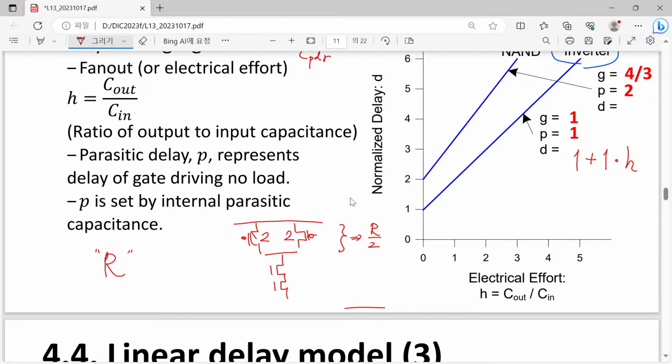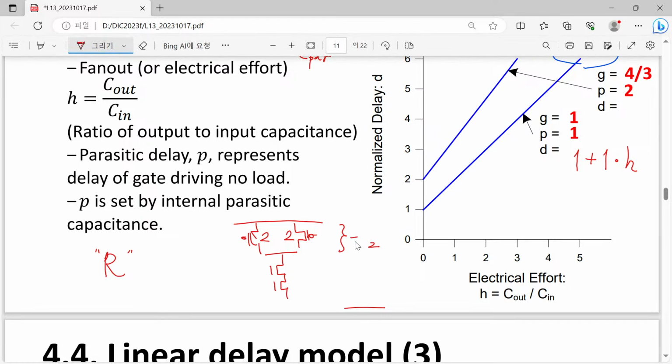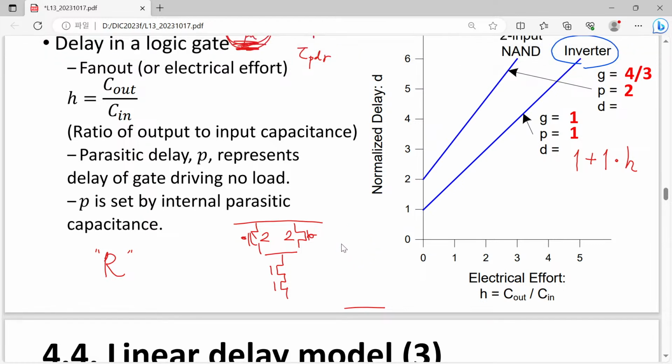The worst case will be when only one of them is turned on and the other one is turned off. Therefore, we must have a P MOSFET whose individual effective resistance is equal to R. That's the reason why we have number 2.